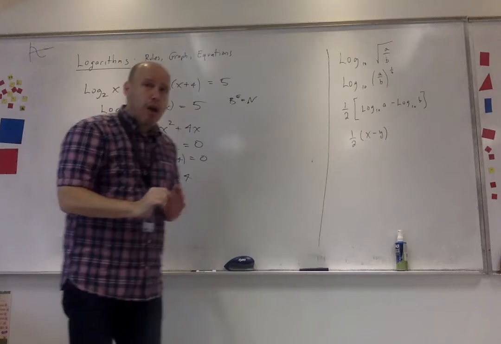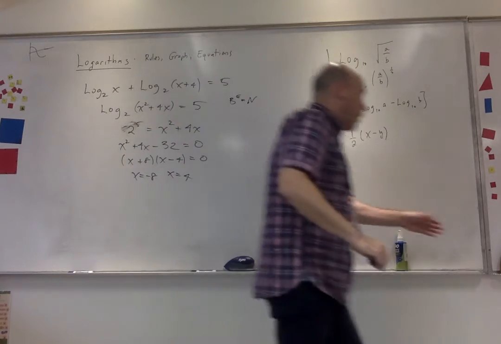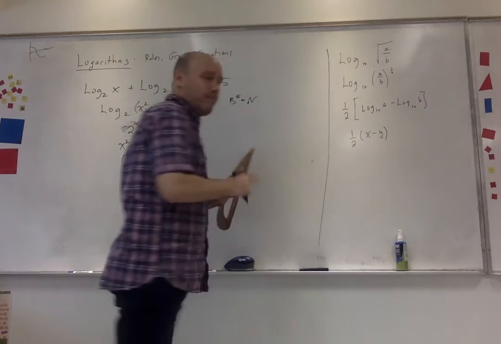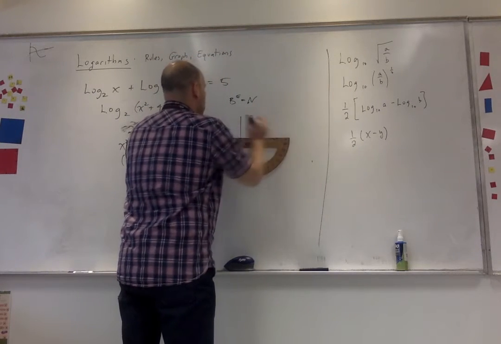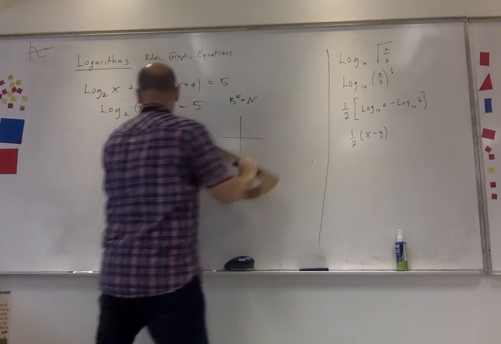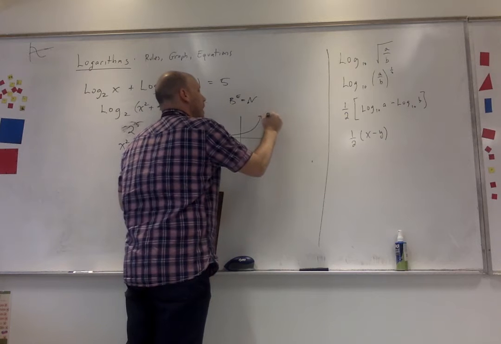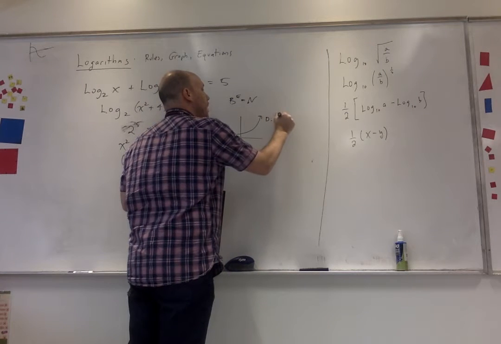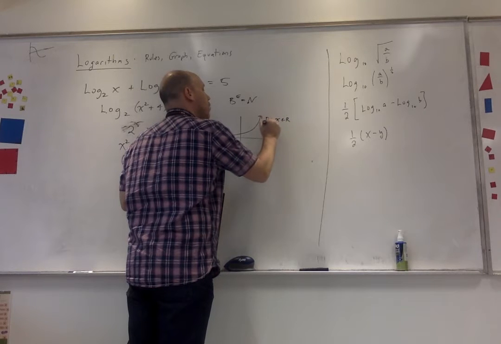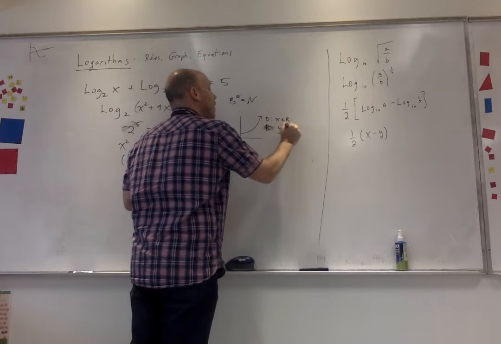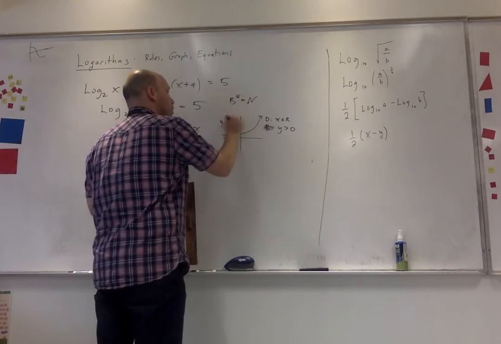Let me quickly talk about this now. When we saw the exponential with base 2, the domain is all reals, but the range is y greater than 0. Sorry, this is y equals 2 to the x.